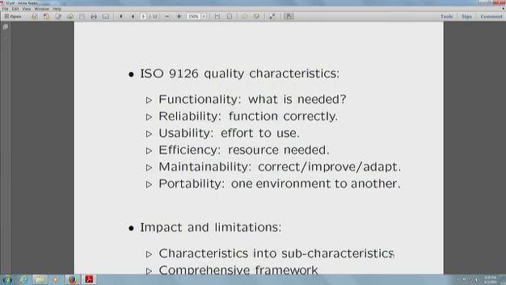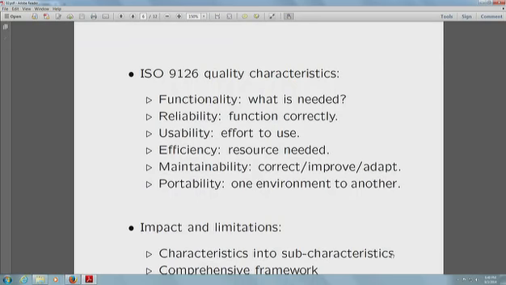They are looking at a more structural, constructive way of looking at quality, instead of looking at whose quality it is and from what perspective. Later on we will be calling those things quality attributes, but in the ISO terminology, they call them quality characteristics.